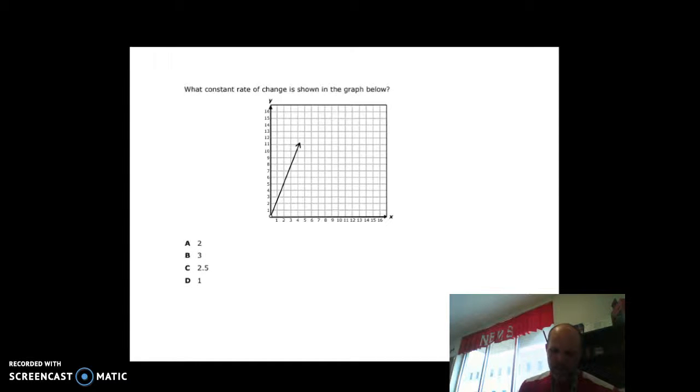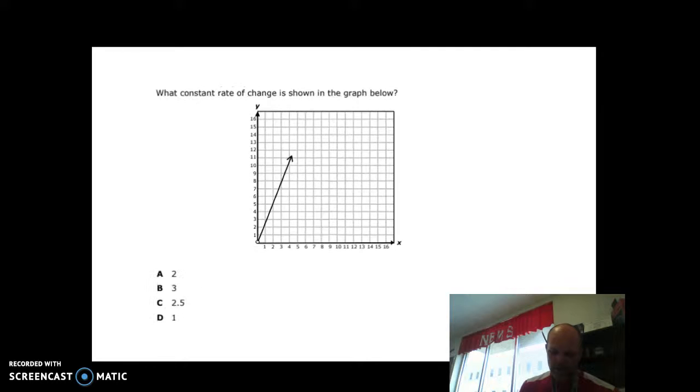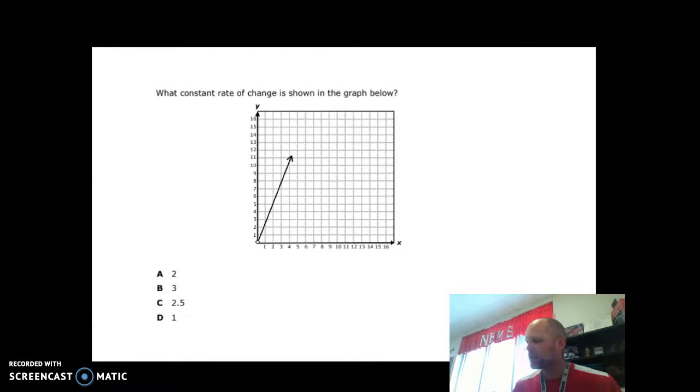This is what is the constant rate of change shown in the graph. You have one similar to this tomorrow. Most of them have like a dot for you somewhere, you know, that you can check. But 3 of them don't have a dot.